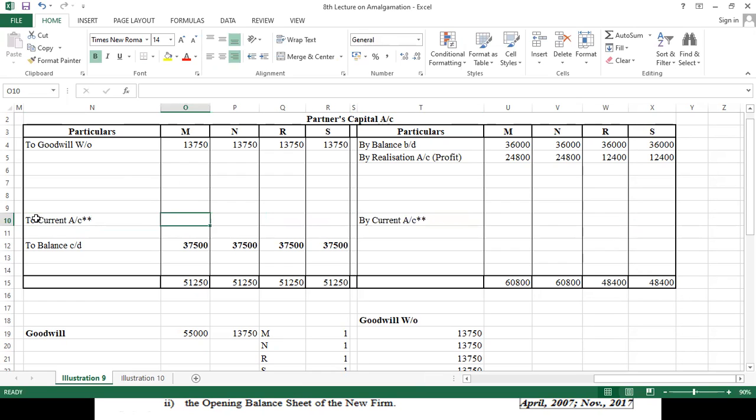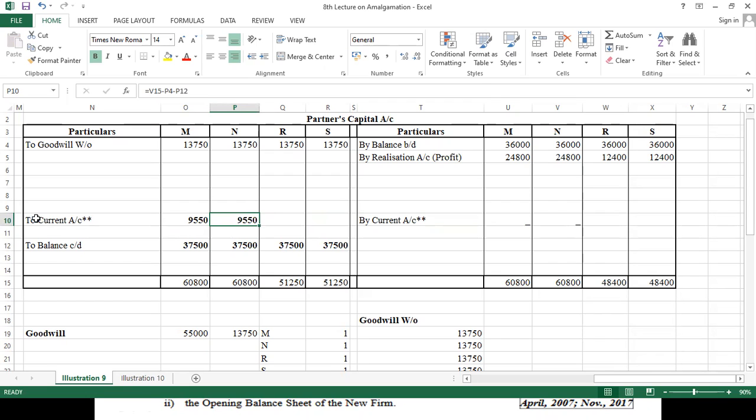Let's see for M. Which side is heavy? Credit side is heavy. So let's put a dash here: 60,000 minus 13,750 minus. So here we got 9,555. Now coming to N. For N also this side is heavy and the amount will be the same if I'm not wrong.